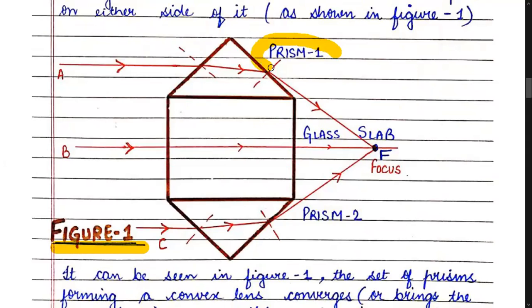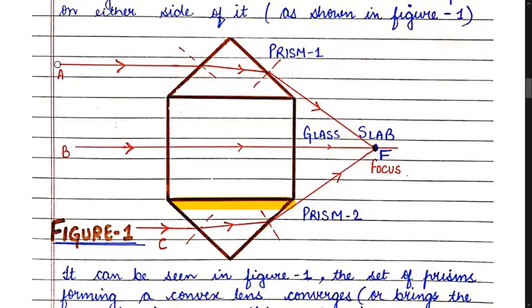The first prism at the top is kept as it is, while the second prism below is kept in inverted manner. Inverted means it is put opposite as compared to the first prism. The base of the prism is inward in case of prism 2, while the base of prism 1 is towards the glass slab. So now students, what happens here?